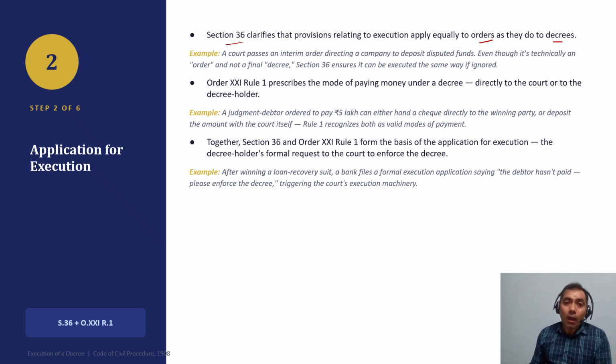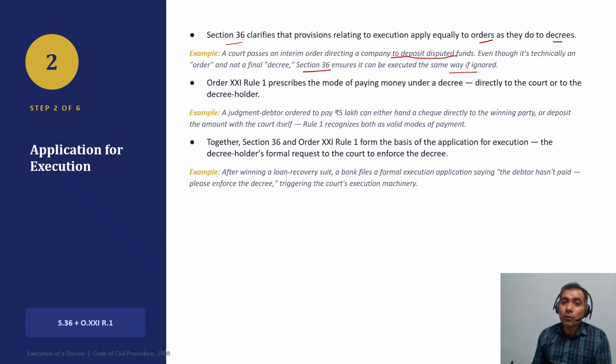Example, a court passes an interim order directing a company to deposit disputed funds, even though it is technically an order and not a final decree. Section 36 ensures it can be executed the same way if ignored.